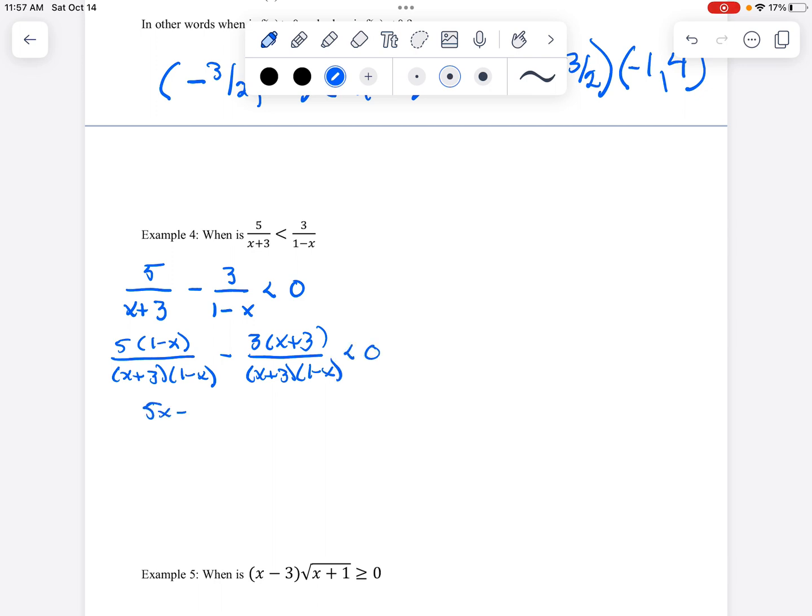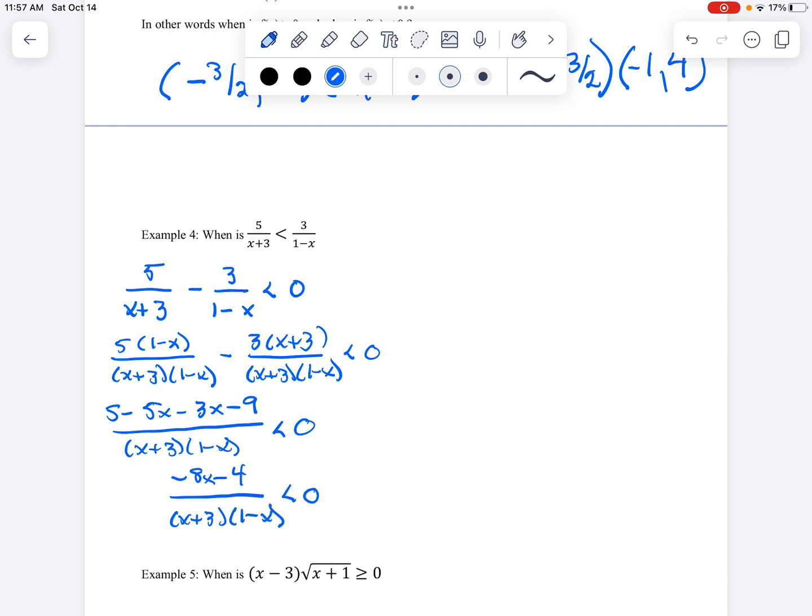So we have 5 times 1 minus x, 5 minus 5x, minus 3 times x plus 3, minus 3x minus 9, over x plus 3 times 1 minus x, less than 0. So I have negative 8x minus 4 over x plus 3 times 1 minus x, less than 0.